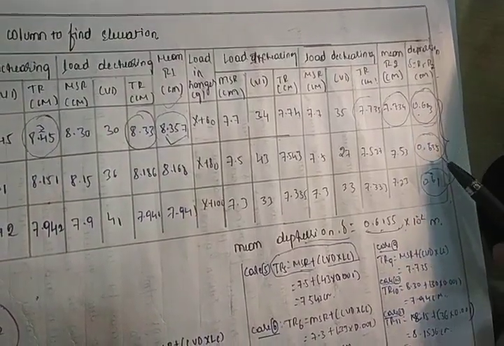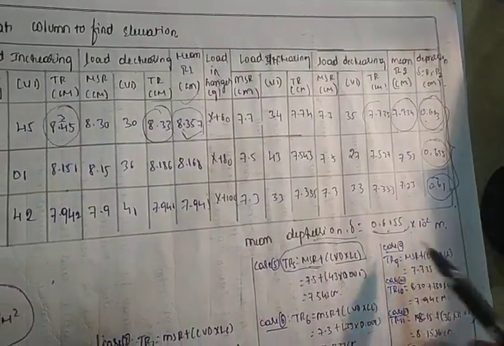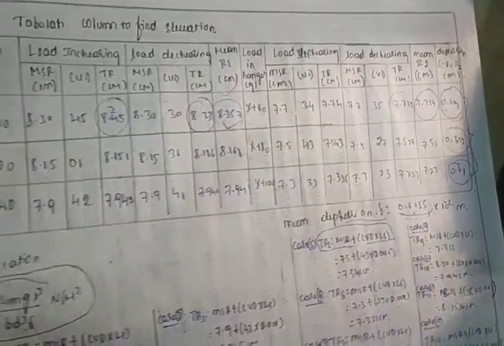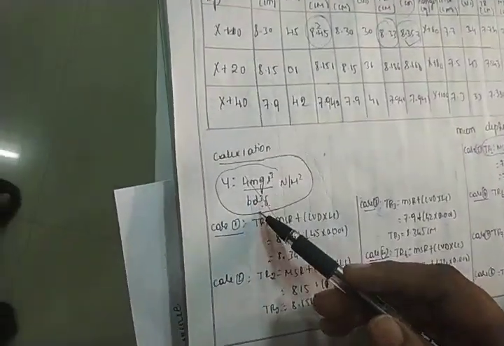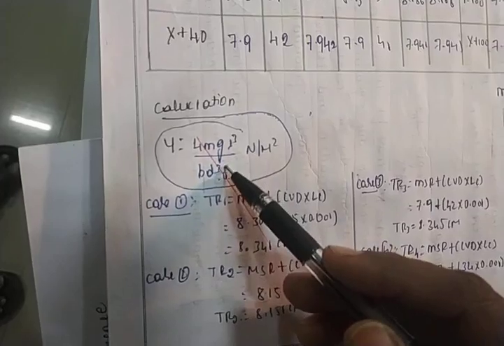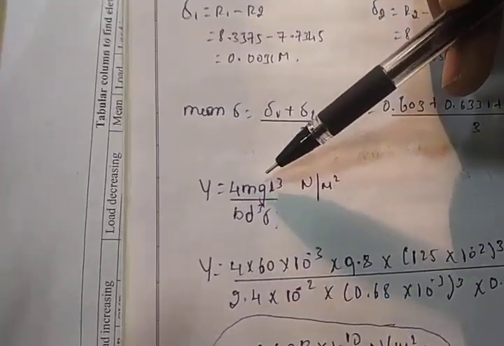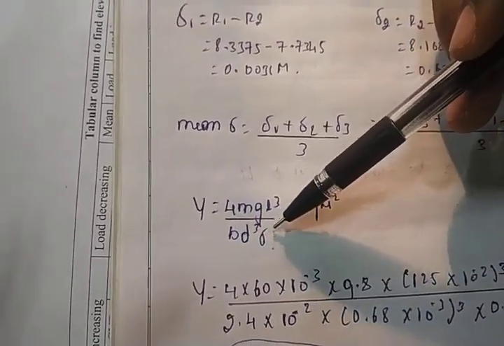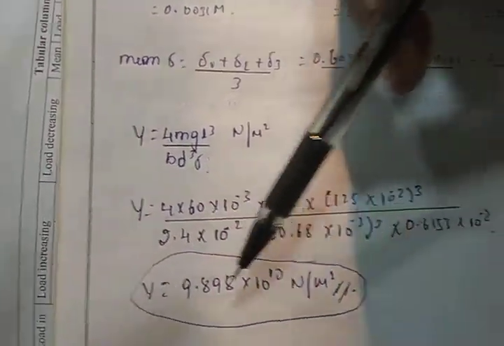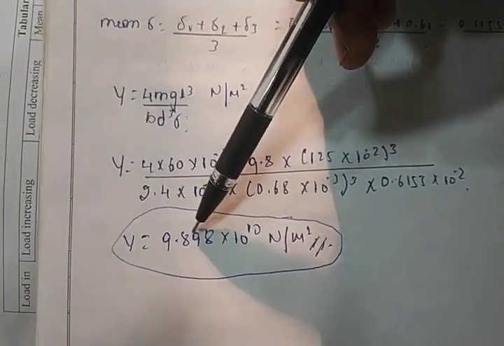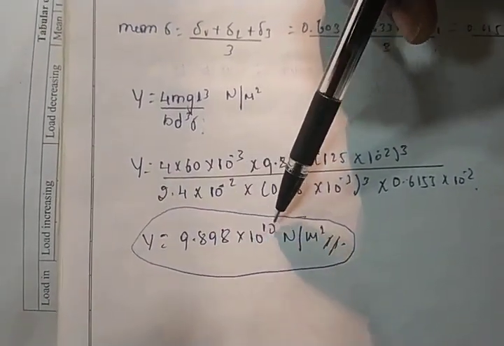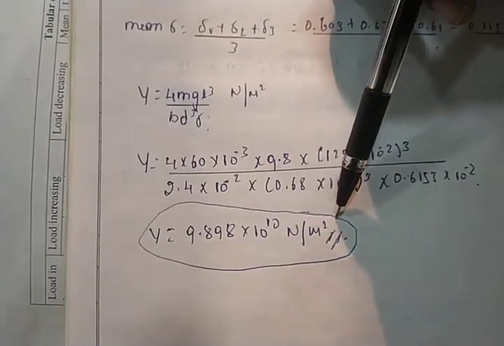Take the mean of these depression values, then go with the formula 4 mg L cubed divided by B D cubed delta, using all the constant values and substituting the delta we have calculated. After substituting, finally we get the value 9.8 into 10 power 10 Newton per meter square.